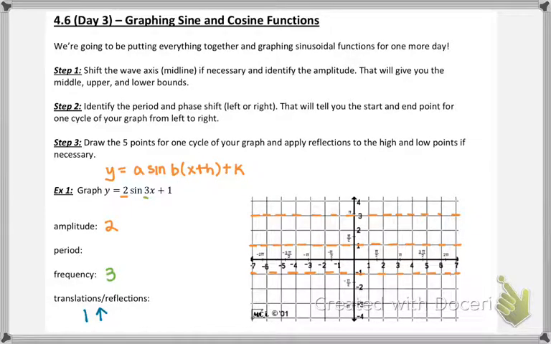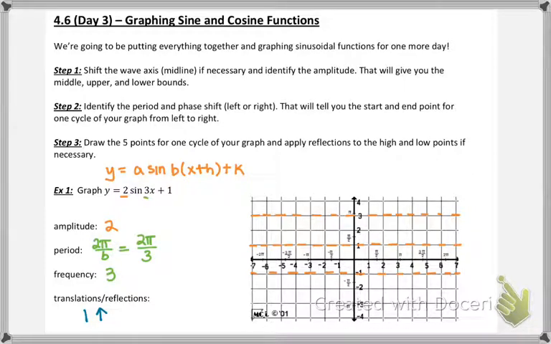Remember the formula to calculate period is 2 pi over b, which gives us a period of 2 pi over 3. So we can fit 3 full cycles in a horizontal distance of 2 pi, and we can fit 1 full cycle, its period, in a horizontal distance of 2/3 pi.